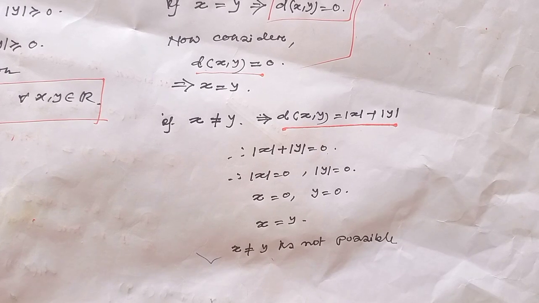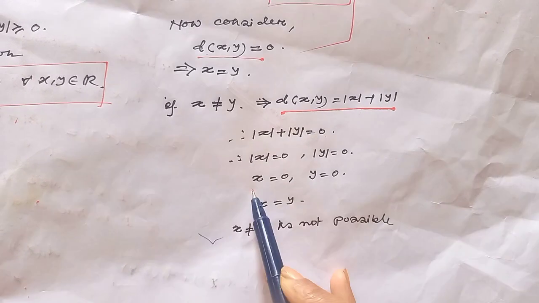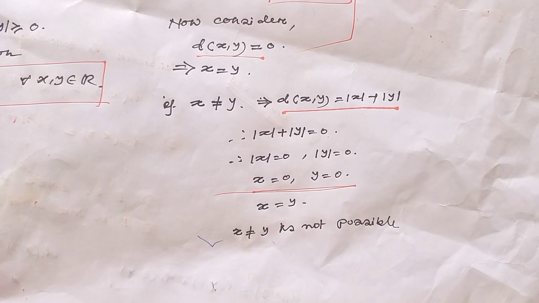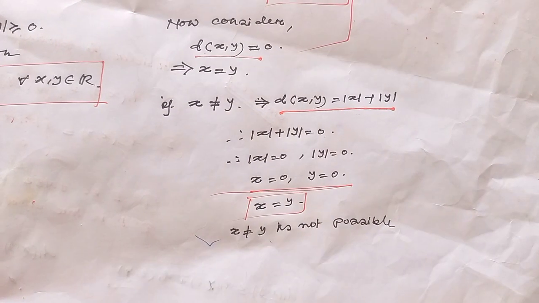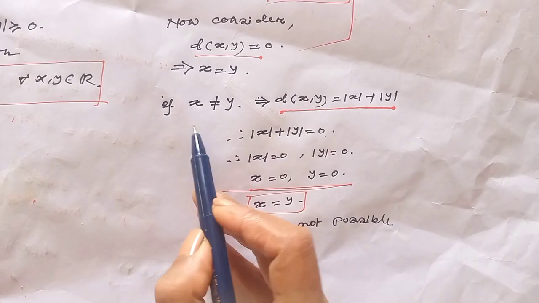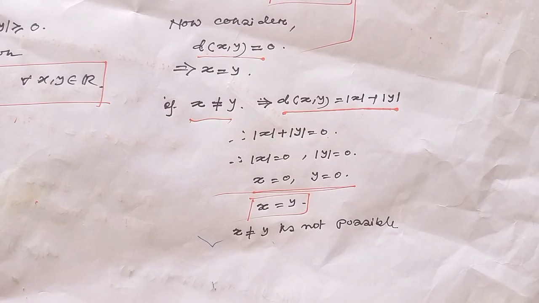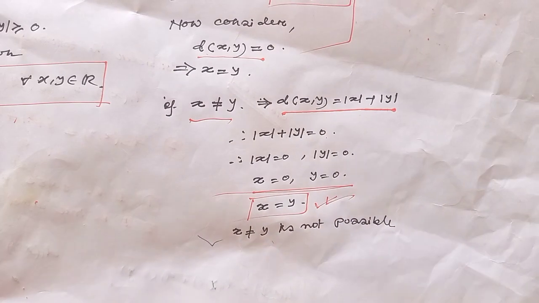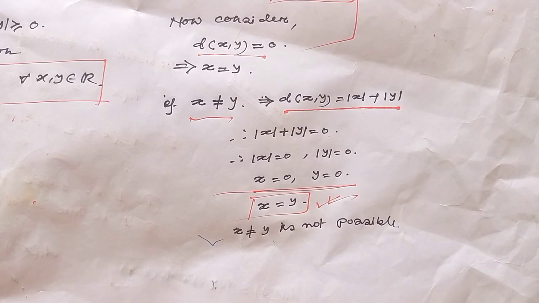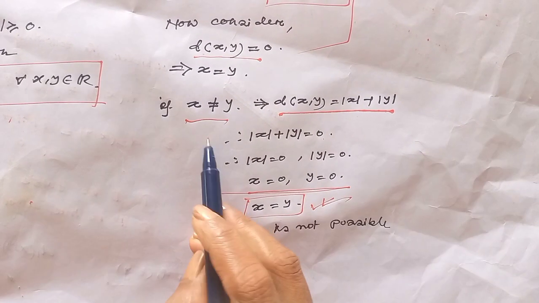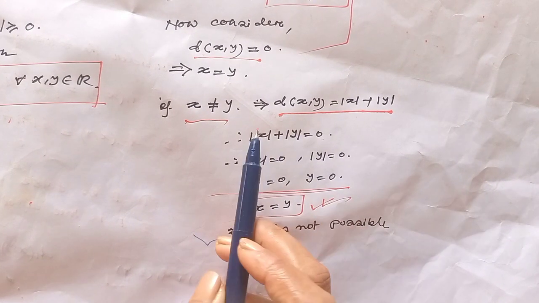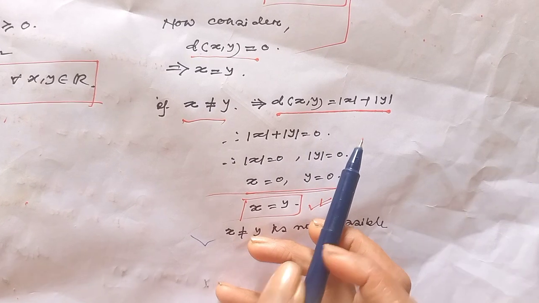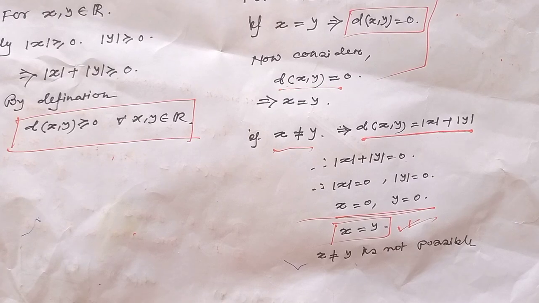And when |x| equals 0, that means x equals 0, y equals 0. That means x equals y. So, I had considered x not equal to y, but here I have got x equal to y. That means our assumption is wrong. When d(x,y) equals 0, x not equal to y is not possible. Right.